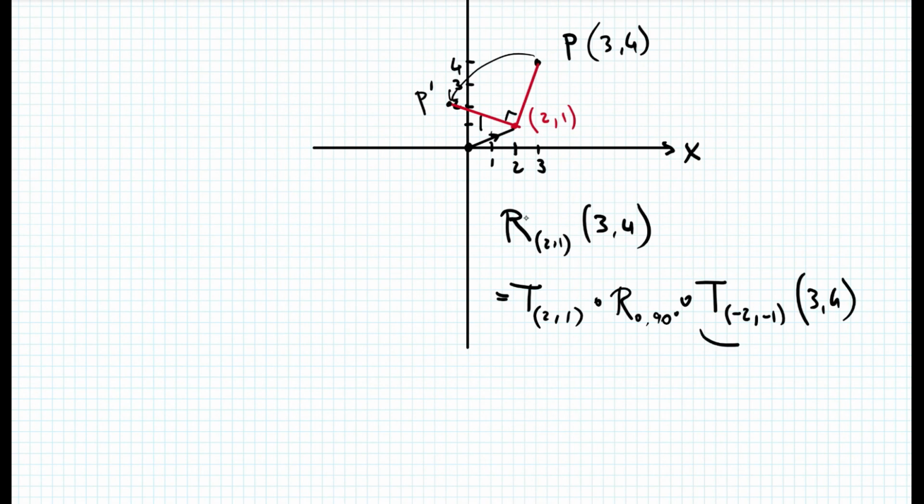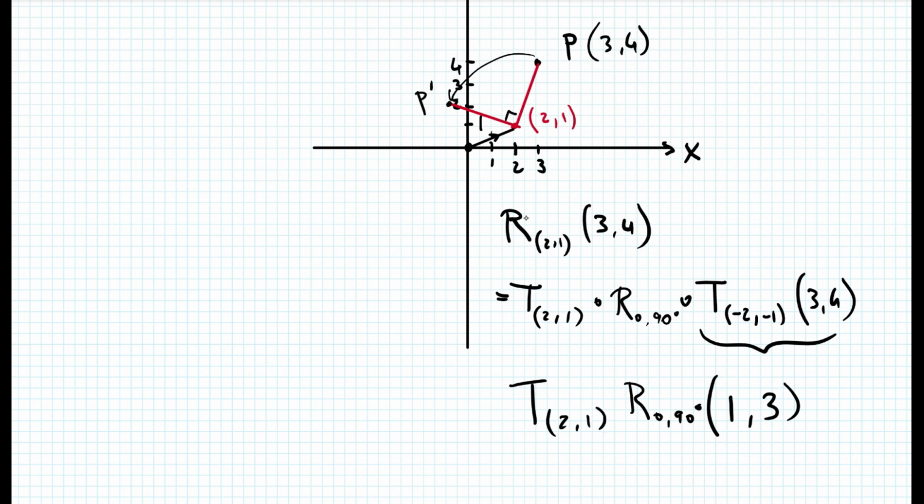So let's say you translate this first. Here we obtain the point (1, 3). Now we're going to rotate that point over the origin by 90 degrees. So let me write down the rest here, (2, 1).